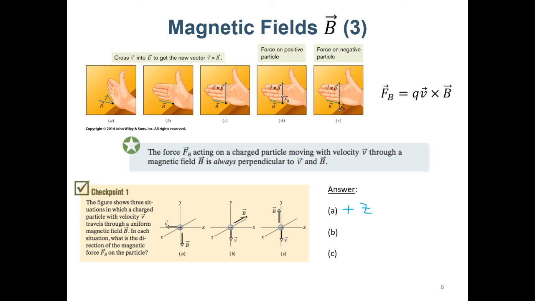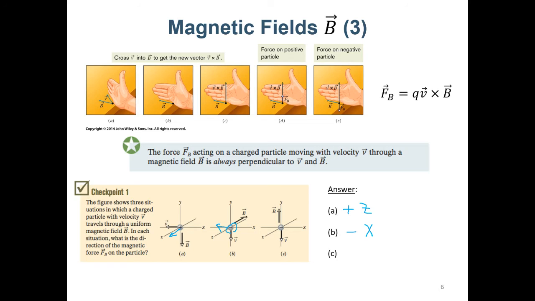Positive x. Oh, wow, this is not right. It should be negative x because this is a negative charge, like this. So this is positive z.